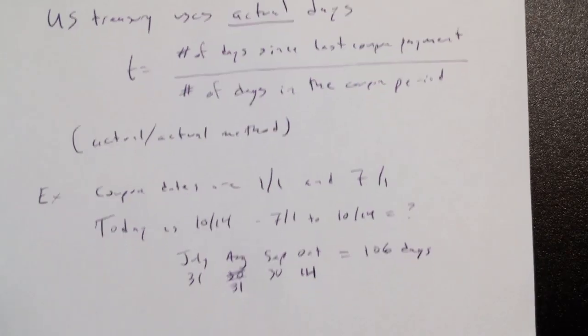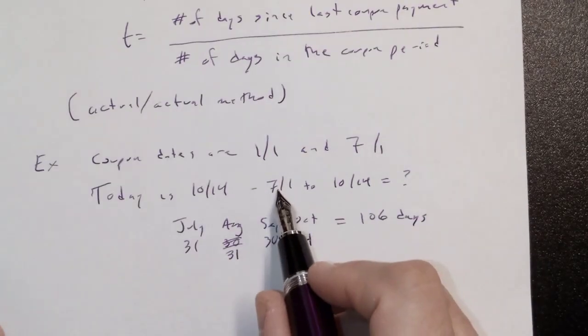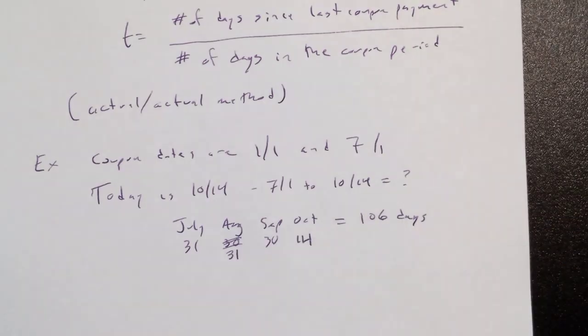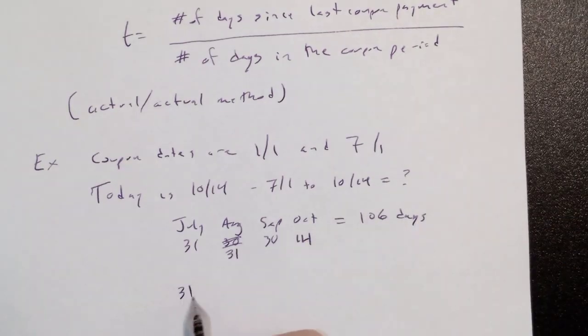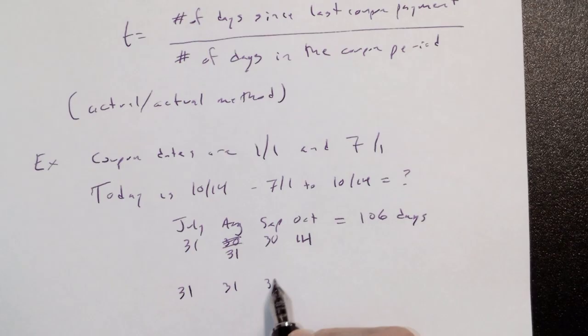Finish it out. The period goes from July to January next year. So that's 31 in July, 31 in August, 30 in September. There's a 31 in October because of Halloween. 30 days in September, April, June, and November.